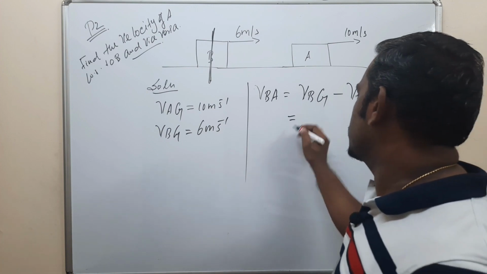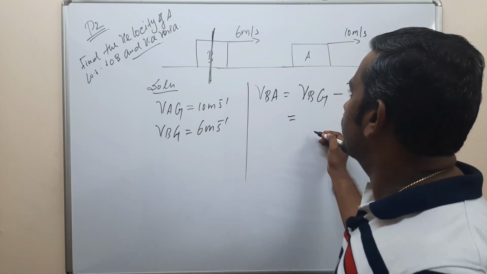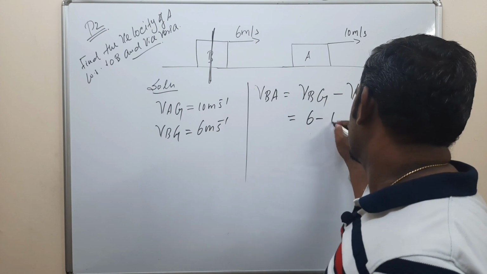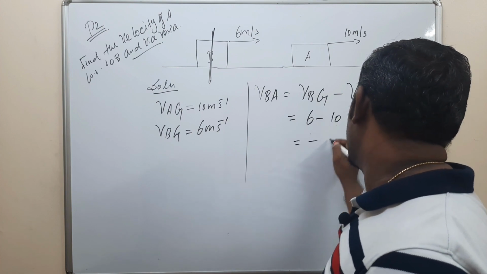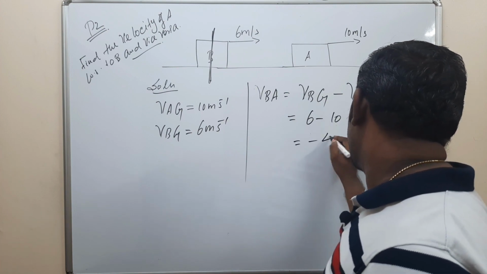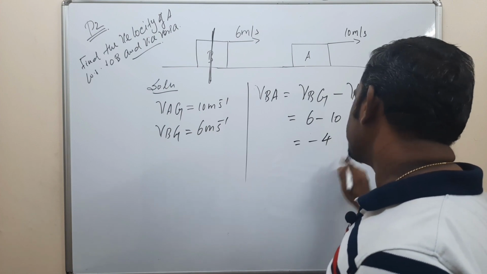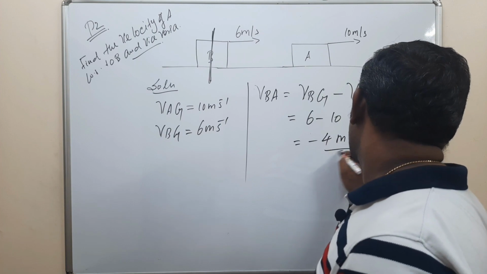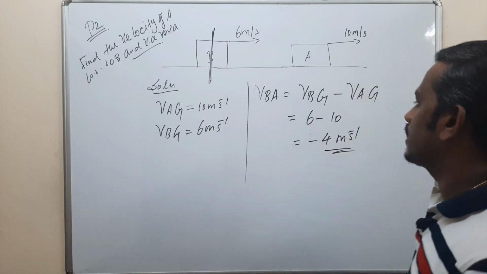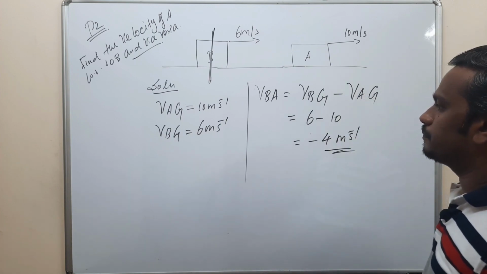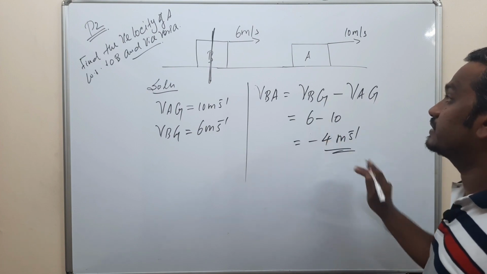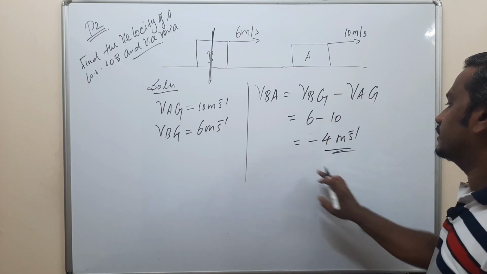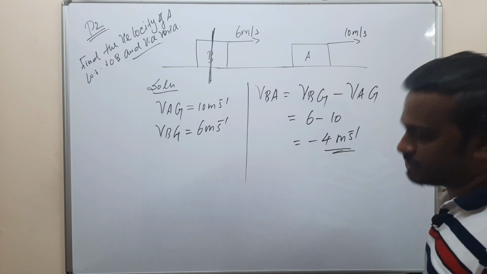So that is equal to the velocity of B, that is 6, minus that is 10. 6 minus 10 is equal to minus 4 meter per second.